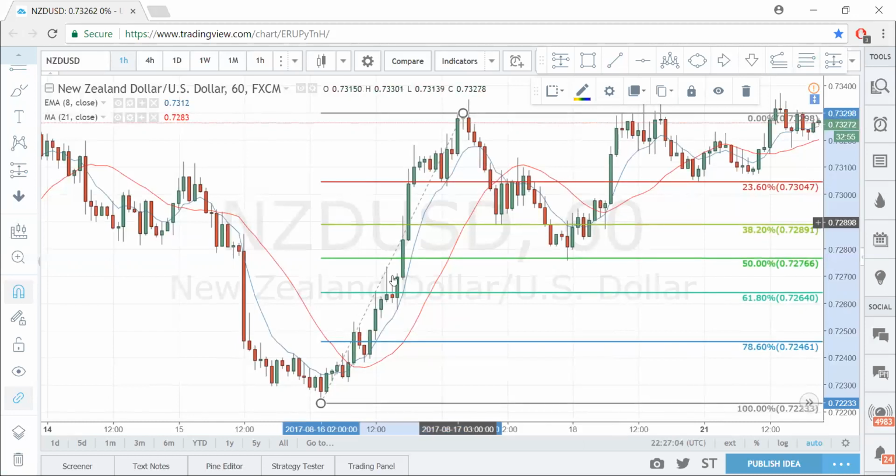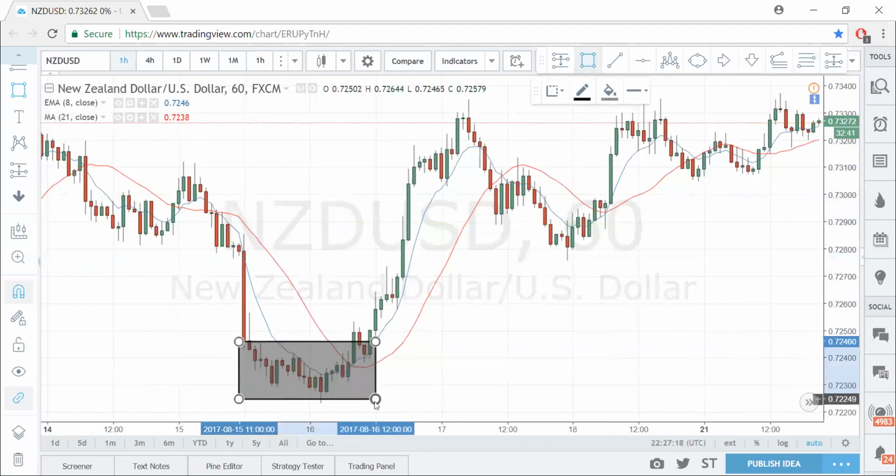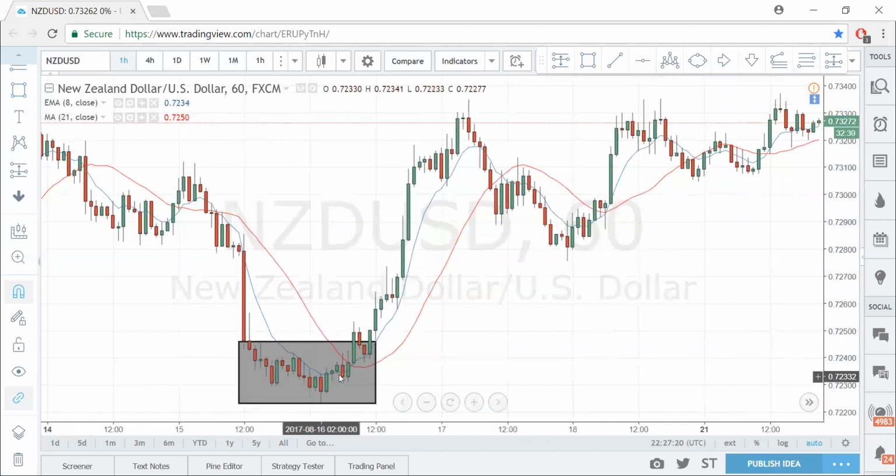Okay, let me go over it again. In cases where you find the market retracing, this is consolidation, right? Let me indicate it with a box. After this consolidation, the market gives an impulse leg, right? This is the impulse leg that the market gave.